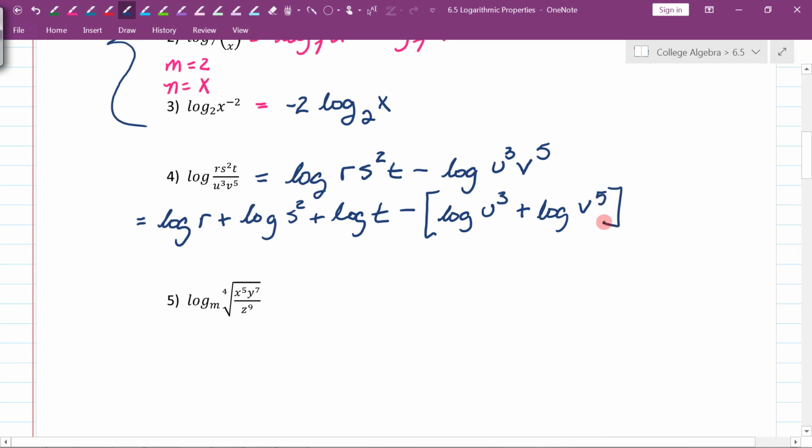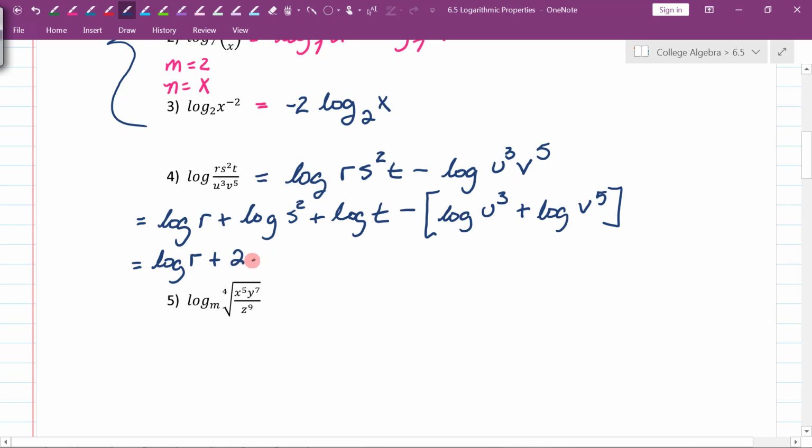Okay, close that off. Now, we're going to work on the left-hand side. There's nothing to do with this. It is as simplified as it can be. So this is going to be equal to log base 10 of R. This one here, though, we have an S squared. So we're going to apply the power rule.